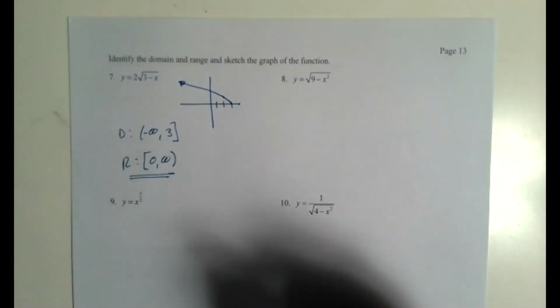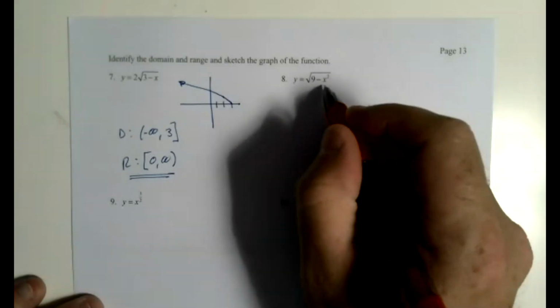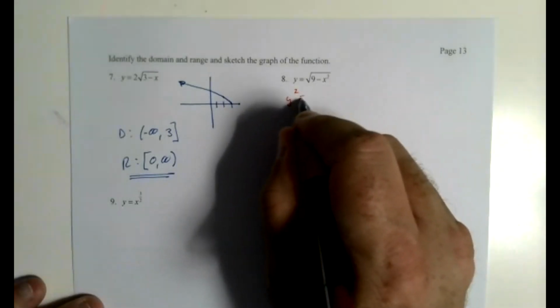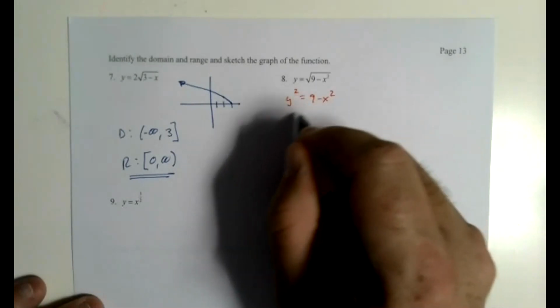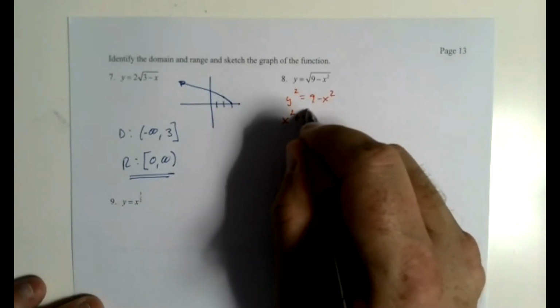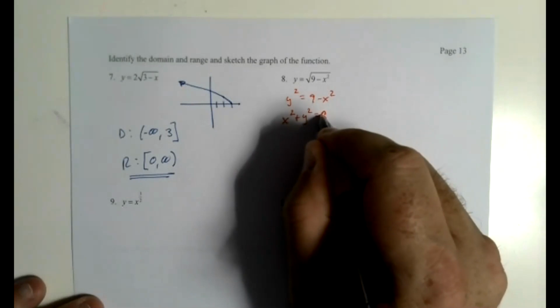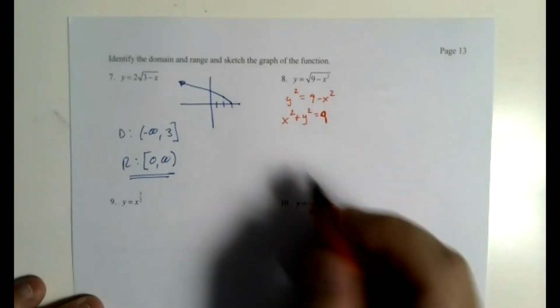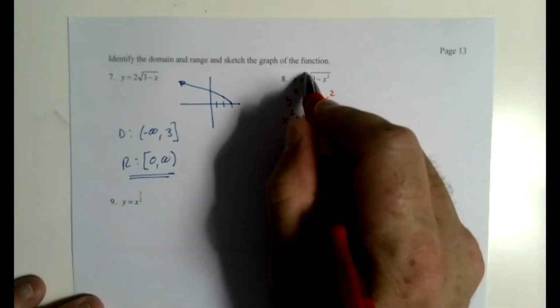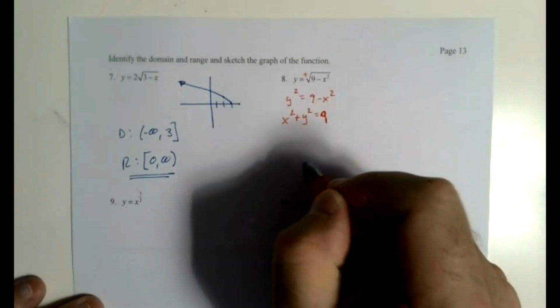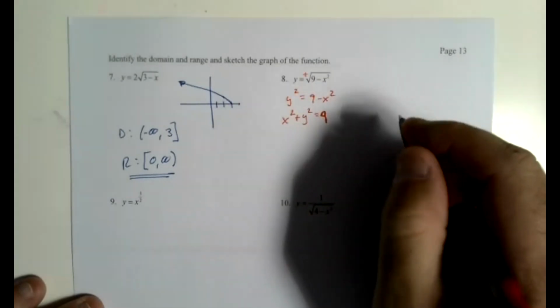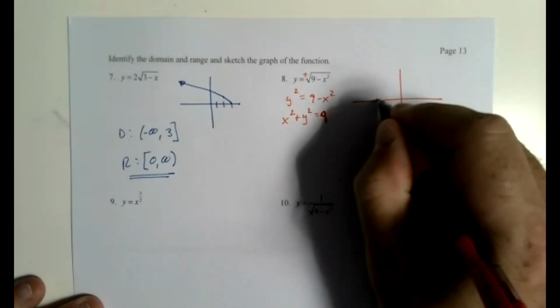Nice. Now, I showed this one in the video. If you don't know, you can square both sides. Move the x squared over. And oh, that's just a circle. But since there's only the positive part up here, you don't put the other side in. So when you graph it, you just do this.